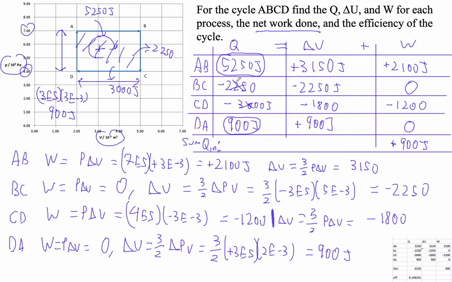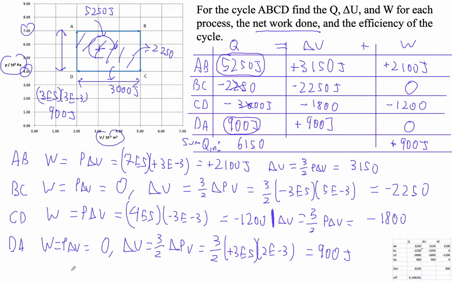That's just waste heat, and we don't care about that, right? Remember, efficiency is work done divided by the total heat used. So the total heat used is this plus this. So 5250 plus 900 is 6150. The total heat that flowed in is 6150, right?